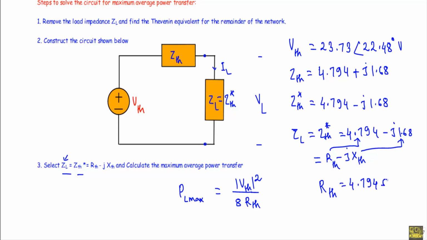Here RTH will be equal to 4.794 ohm. Now see, we calculated ZL, and the maximum average power transfer is equal to the magnitude of Thevenin voltage squared over 8 RTH. Here this VTH has its magnitude of 23.73, we will take that squared over 8 RTH.